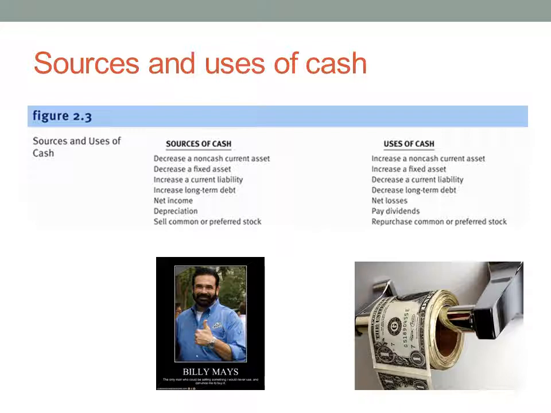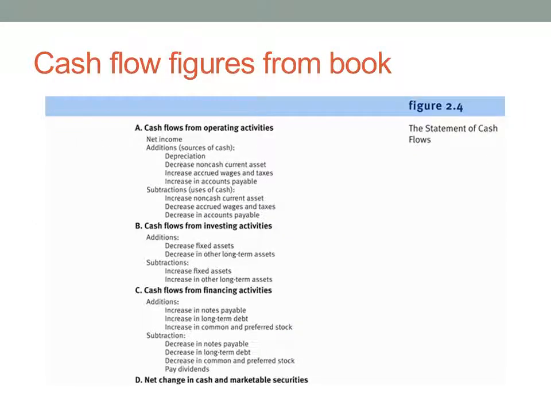I do recommend you read your book too for a more detailed explanation of the cash flow statement as well. It's a little more complicated than the balance sheet and income statement. We make adjustments for those things we've just been talking about, and I'll let you read the sources of cash and uses of cash, but we're trying to come up with a true picture of the bottom line. You'll see the way the statement is organized is what our net change in cash was, which is always considerably different from what our actual net income was.